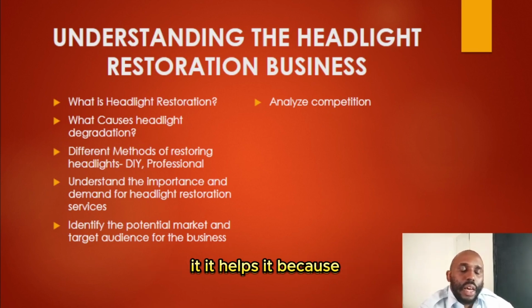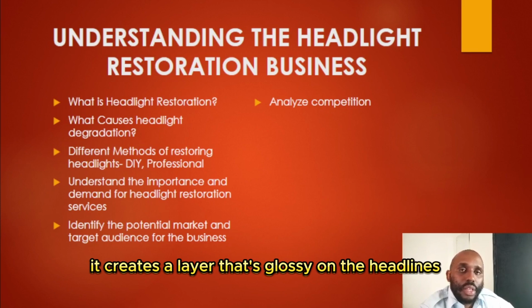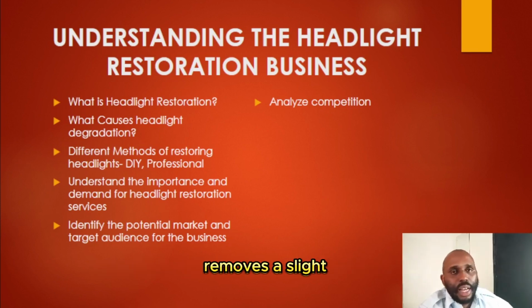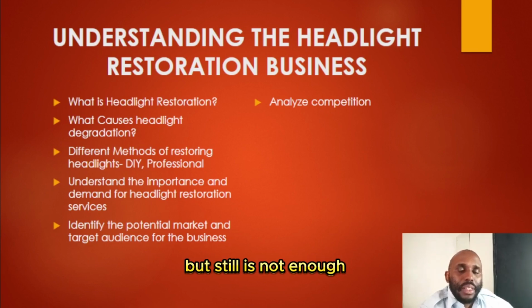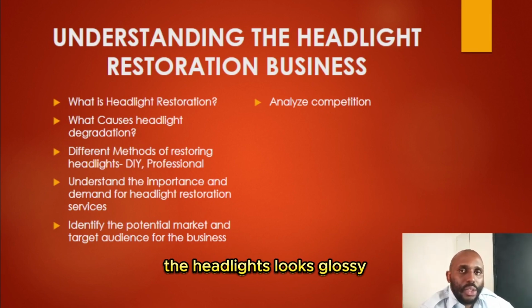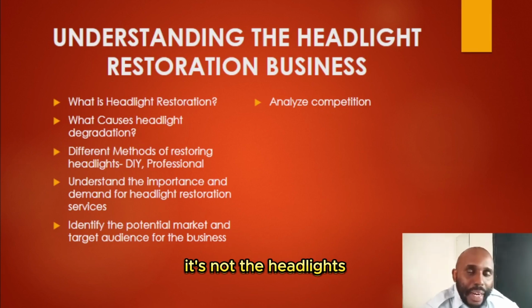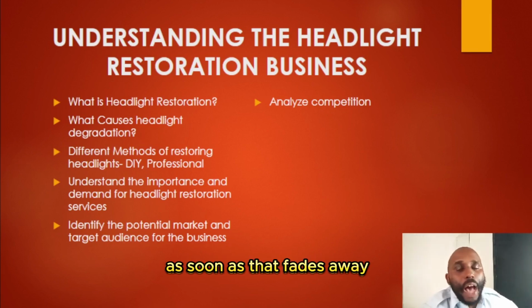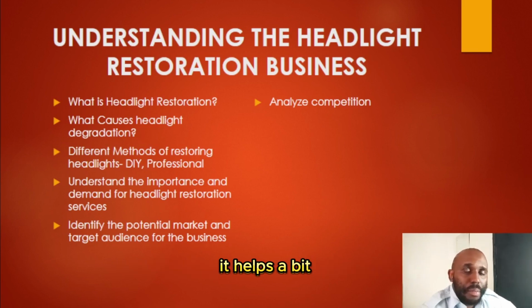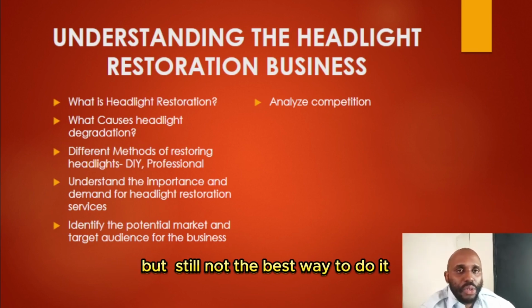It creates a glossy layer on the headlight. I don't know how, but it removes a slight layer of oxidation. Still, it's not enough, because the headlight looks glossy only because of the WD-40. As soon as that fades away, you're back to where you started. So it helps a bit, but it's still not the best way to do it.